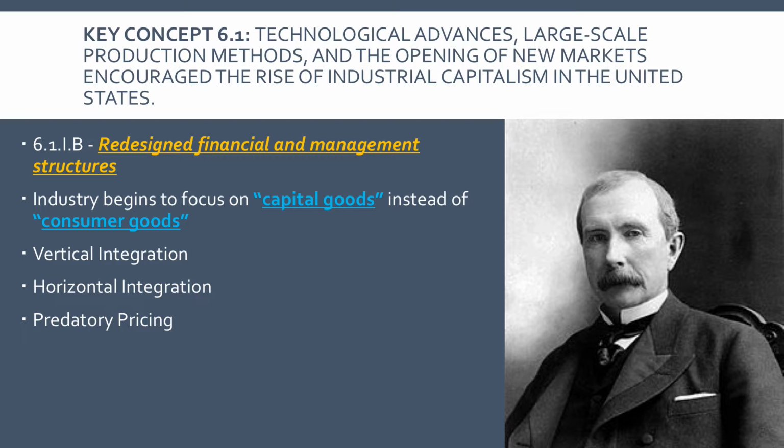Men like Rockefeller are going to give us horizontal expansion and integration, buying out competing oil companies. He starts to create the trusts and the monopolies. That is horizontal. You go against Rockefeller, he is going to destroy you. He liked predatory pricing.